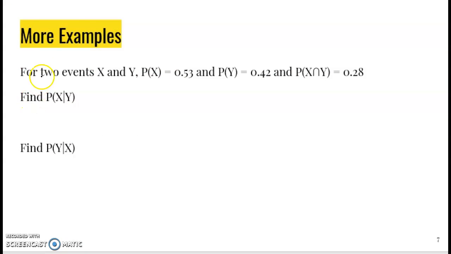When we start finding, we have two events here, event X and event Y, and they're just giving us the actual probabilities of each of these events, not relating it to a particular real life problem, but just looking at the numbers.